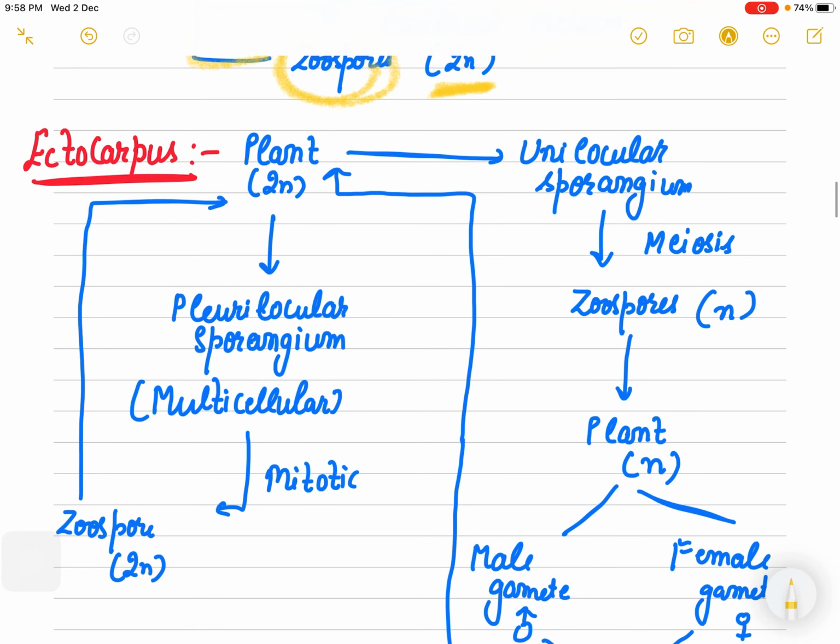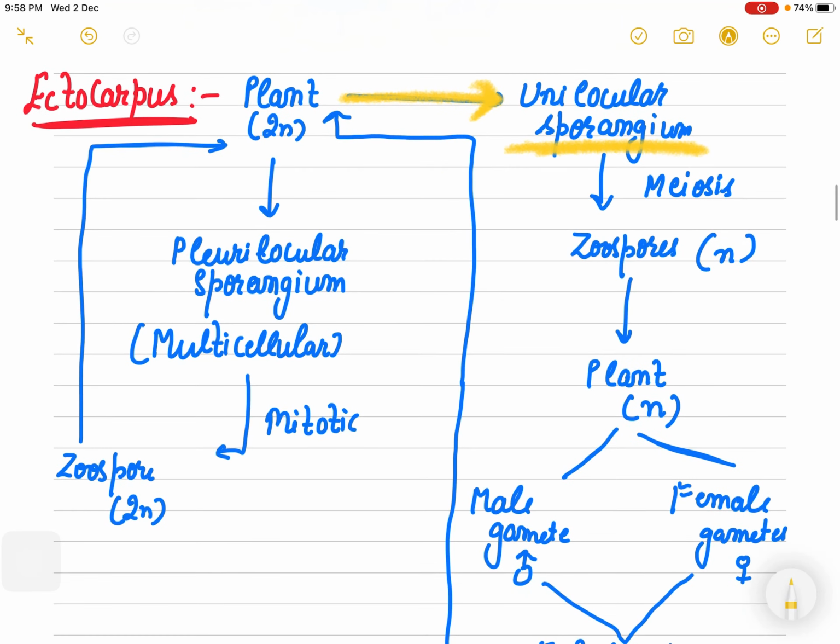In ectocarpus we find slightly different things. There are two types of sporangia in the ectocarpus species: one is unilocular sporangium and one is plurilocular sporangium, which is multicellular. Now this unilocular sporangium undergoes meiosis. अब meiosis हो गया है तो zoospores will be haploid.